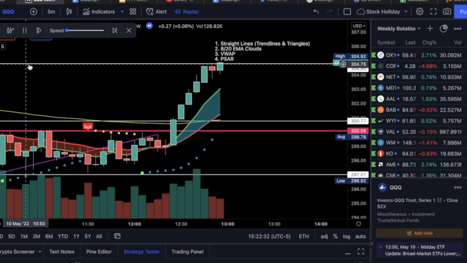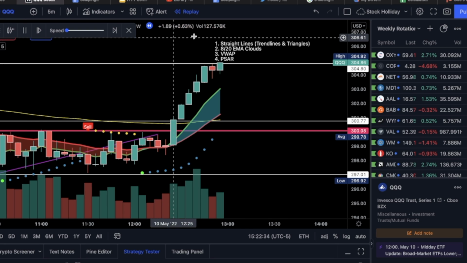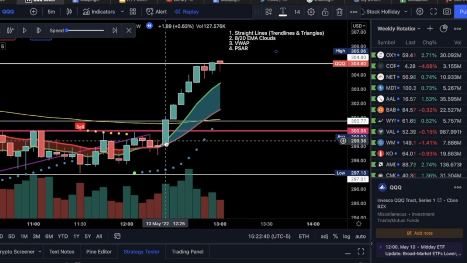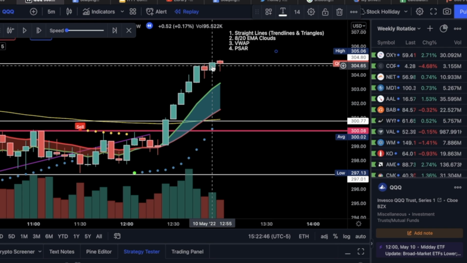So this would have been our second good trade of the day. And that would have been, if we come back to calls, if we would have entered into calls right here at 12:25, and we would have exited right at 12:55.